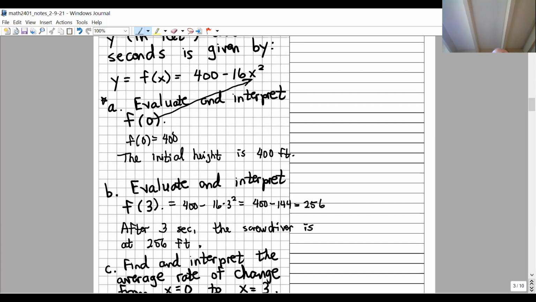So the height of the screwdriver is 256 feet after 3 seconds. Obviously, after 3 seconds, some time has gone by. The screwdriver is dropping, right? So it's dropped from its initial height down to 256 feet.